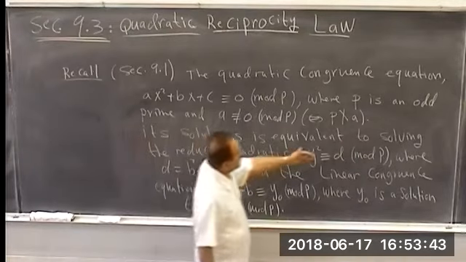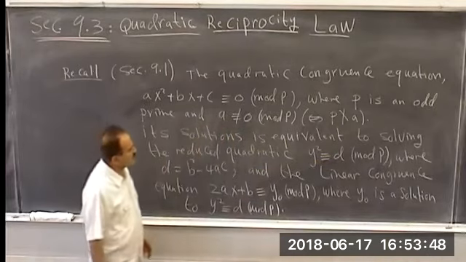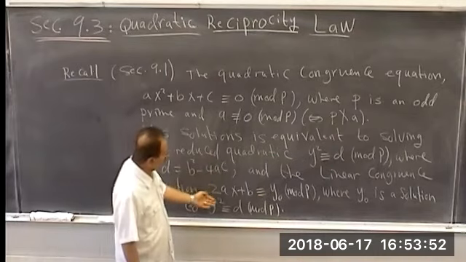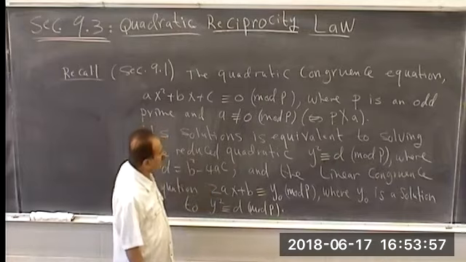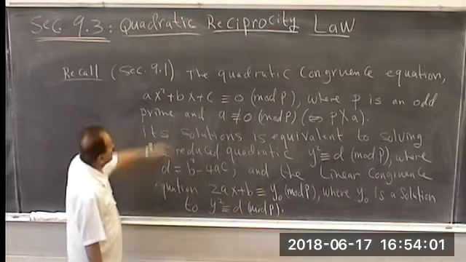Then for each solution we obtain for the reduced quadratic, we find the solution of the linear congruence, and from there the solution of the original quadratic equation.